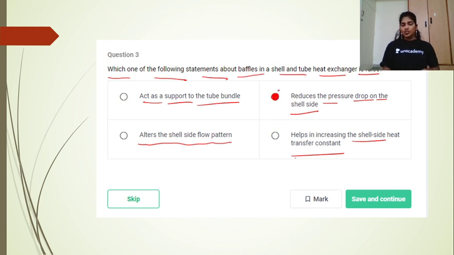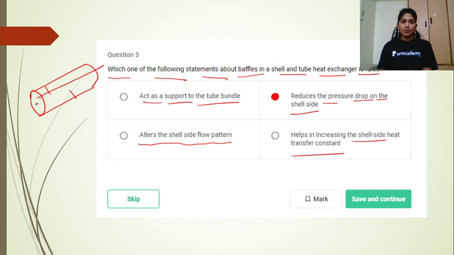Okay, so let me justify the solution. So why are we using the baffles? Let us suppose that this is a shell and tube heat exchanger. Okay, so this is the shell, and here there are tube bundles. Basically the baffles are introduced in the heat exchangers on the shell side to increase the flow, meaning to increase the Reynolds number of the flow.